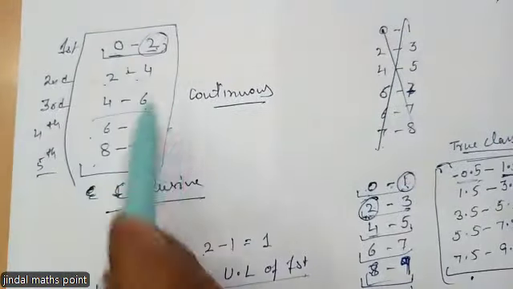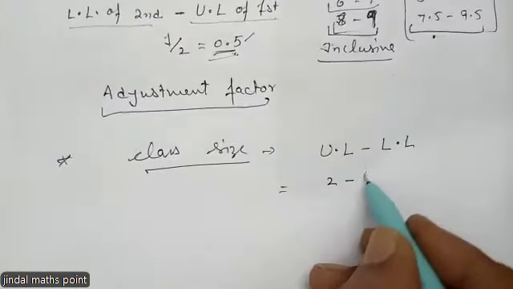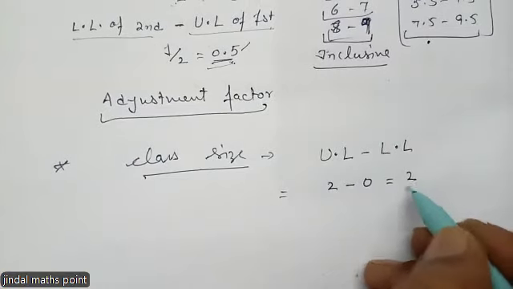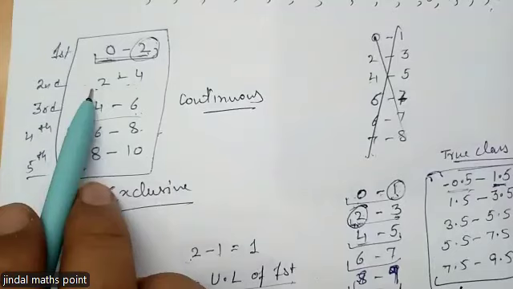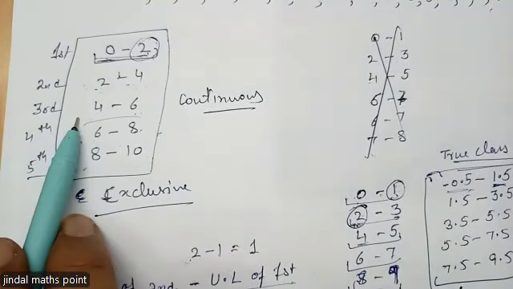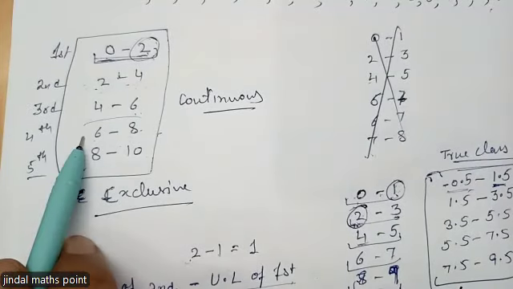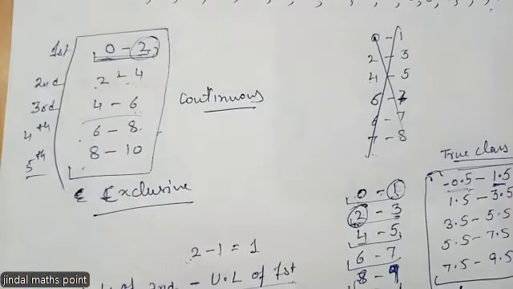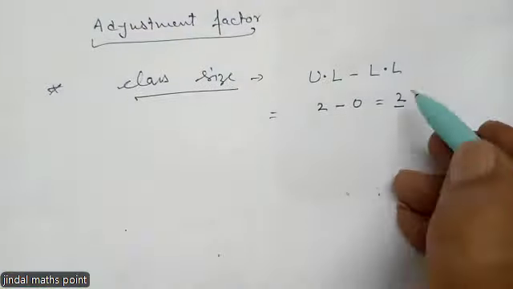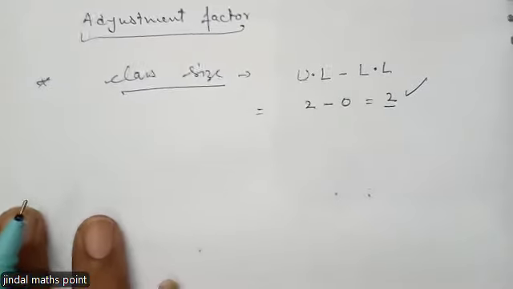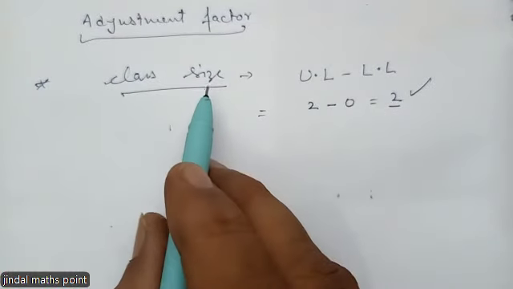Any class interval you can take. First, 2 minus 0. The upper limit is 2, the lower limit is 0. We get 2 as the class size. Any other, 4 minus 2, 2. 6 minus 4 is also equal to 2. 8 minus 6 equal to 2. 10 minus 8 equal to 2. You can take any class interval. That is called class size.